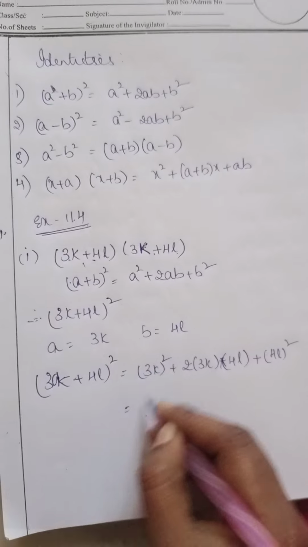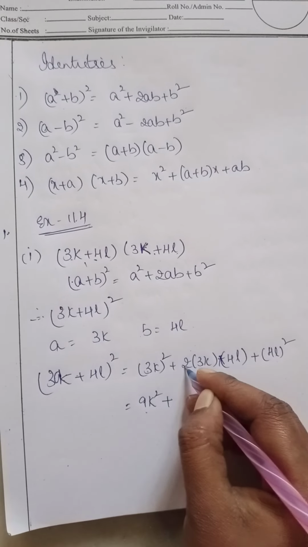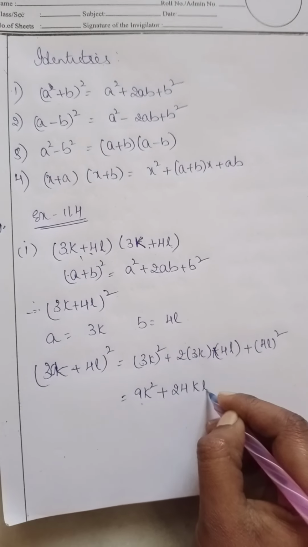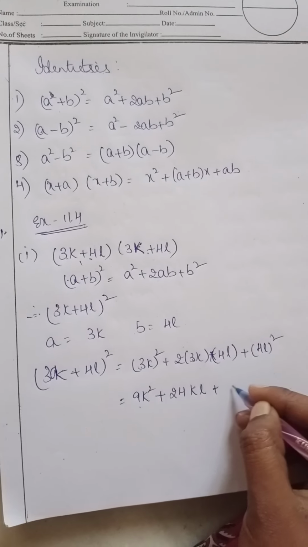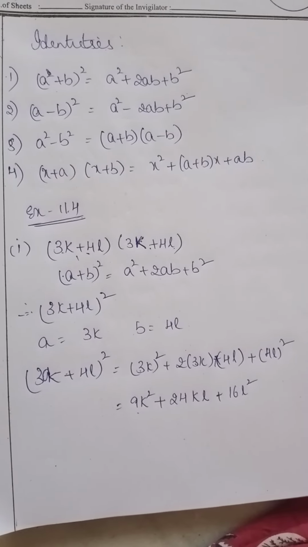Okay. By this, 3 3s are 9, k square plus 2 3s are 6, 6 4s are 24, 24kl. Okay. Next, 4 4s are 16, 16l square. Clear?